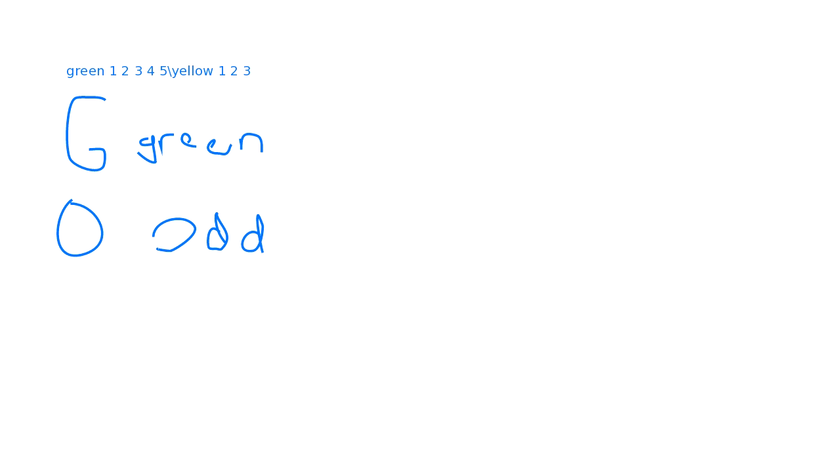Let's see. Okay, G is green. And let's say O is odd instead of even. The problem is even in the book.